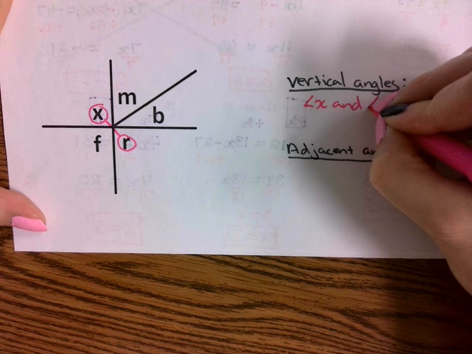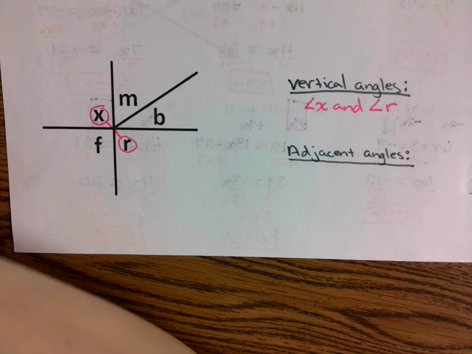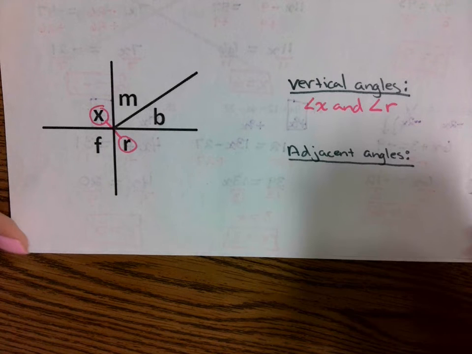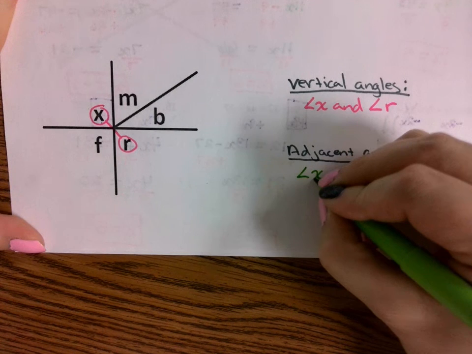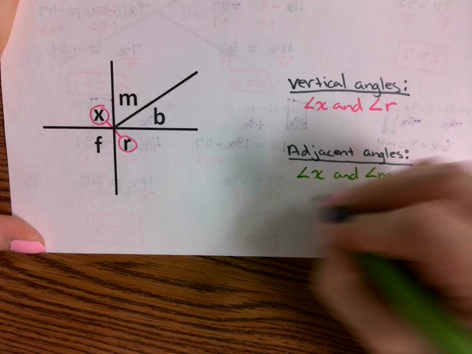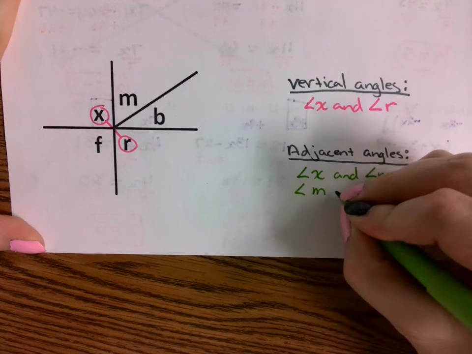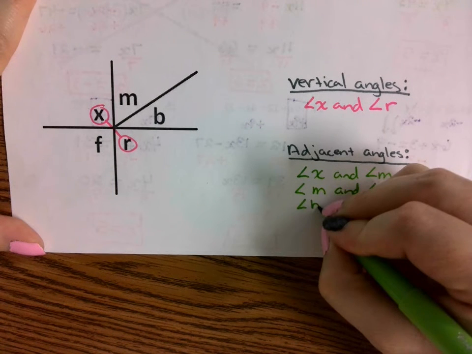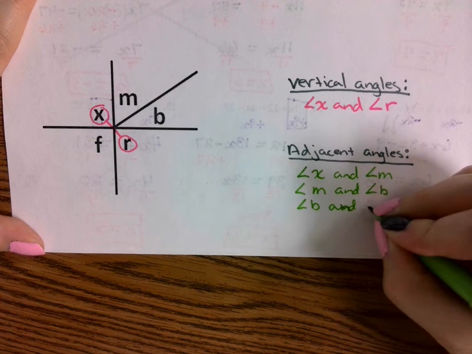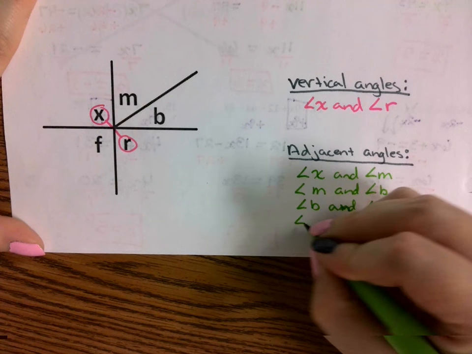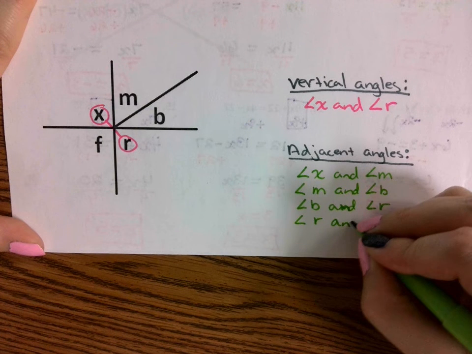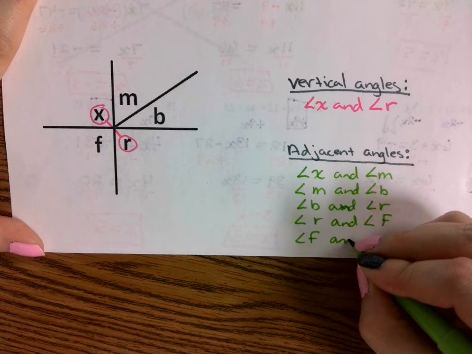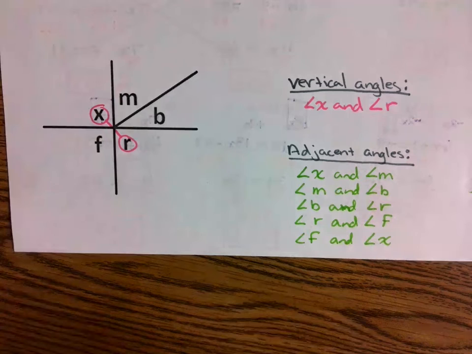The adjacent ones, I'm just going to go through those real quickly so that we can move on. Angle X and angle M. Then we have angle M and angle B. We have angle B and angle R, and angle R and angle F, and then angle F and angle X. Okay, it basically goes around as a circle, right?